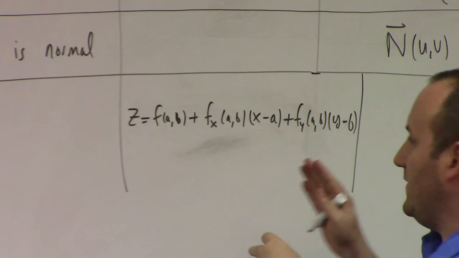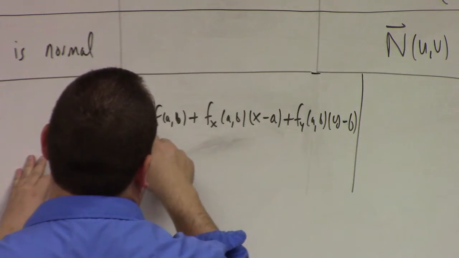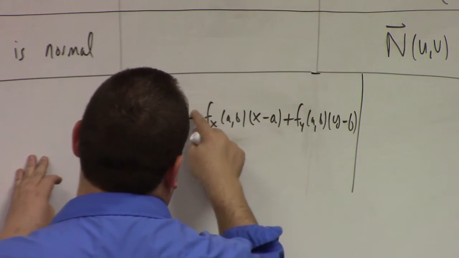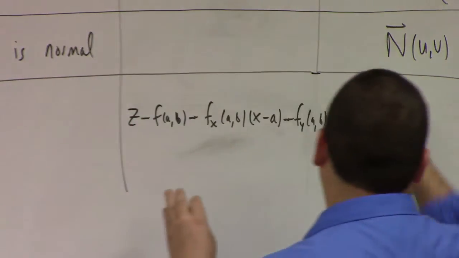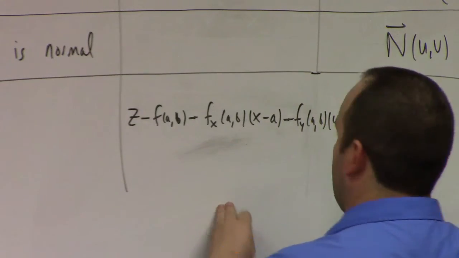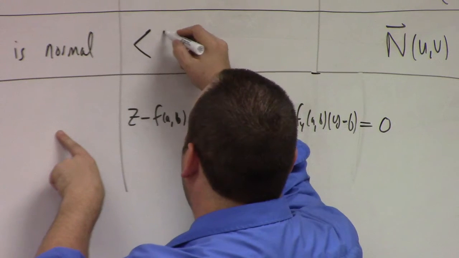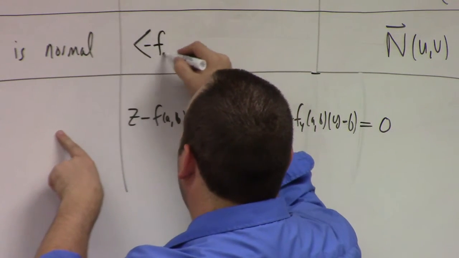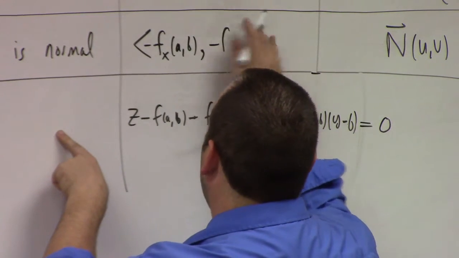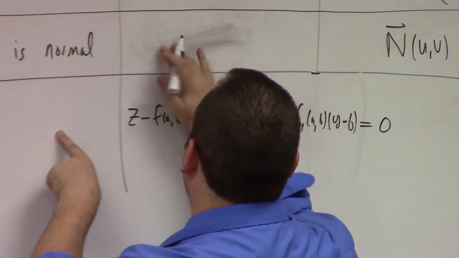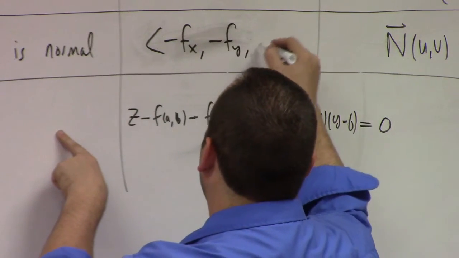If I rewrite this as z minus f of a b minus the rest equals 0, then in retrospect you can see that the normal was minus f_x, minus f_y, and 1.